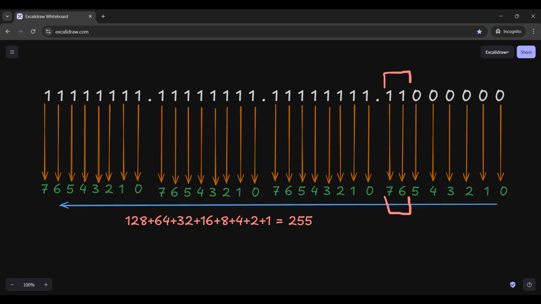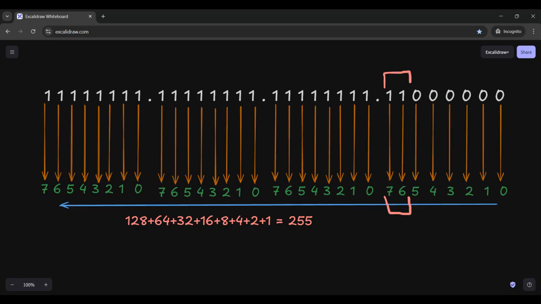In the next segment, we start from 0 again. And their classification, their position inside their segment, determines what is the power of 2 which we are going to raise. So in the last segment, you can see that we converted the first 2 bits, and the position of the first bit is 7th.